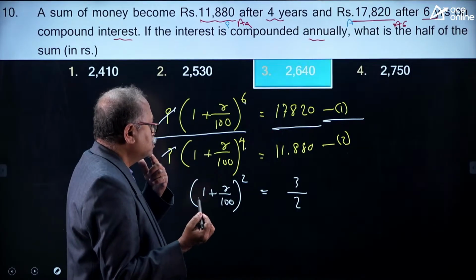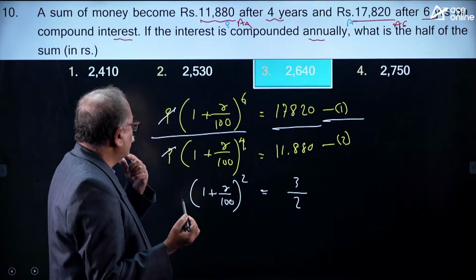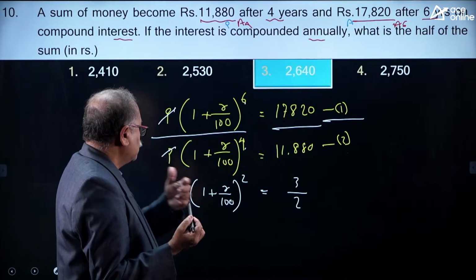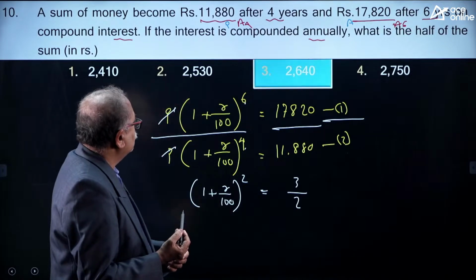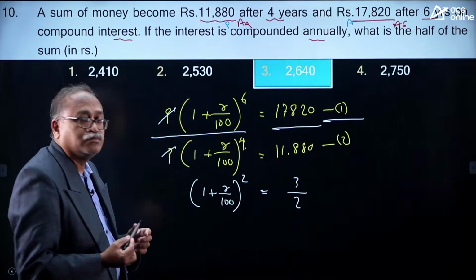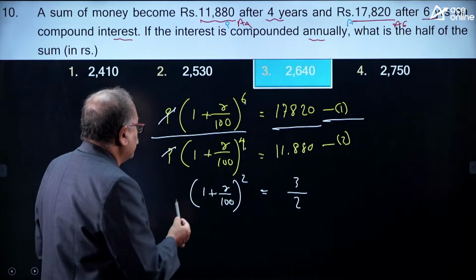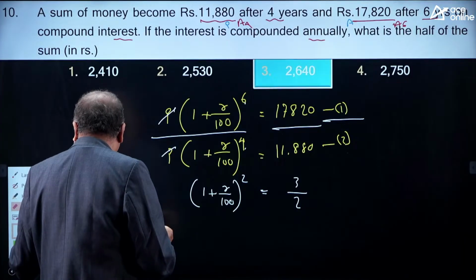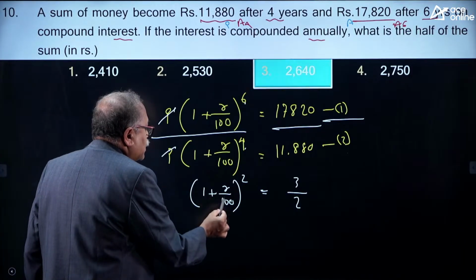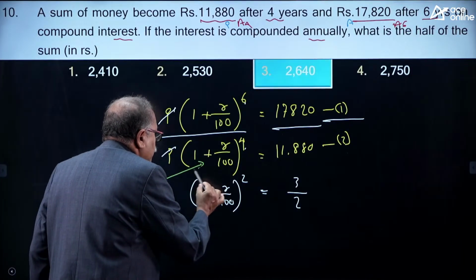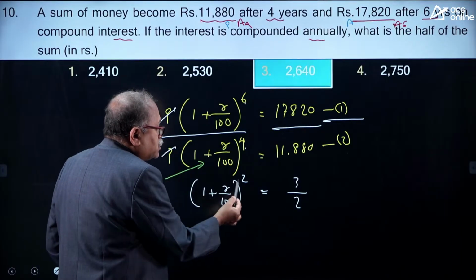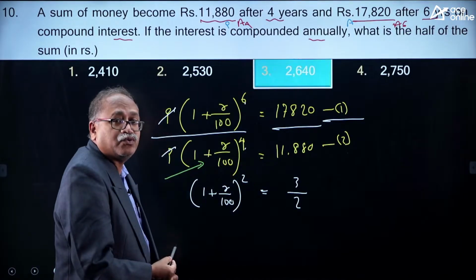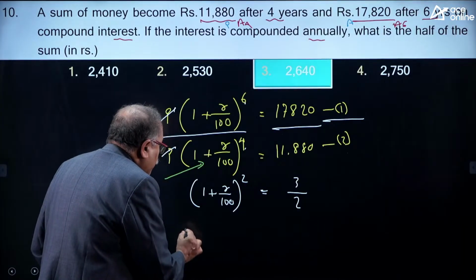So, P into 3 by 2, replace this. Where should I replace this over here? I will replace this 1 plus r by 2 over here. So, 1 plus r by 2 to the whole power 2. Then what happens here?